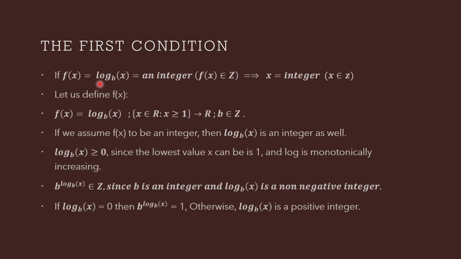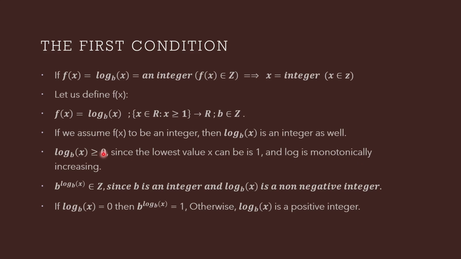So let us define f of x as log base b of x, with x being a real number bigger than or equal to 1, and b being an integer. If we assume f of x to be an integer, then log base b of x is an integer as well, using equivalency here. So log base b of x is bigger than or equal to 0, since the lowest value x can be is 1, as shown here.